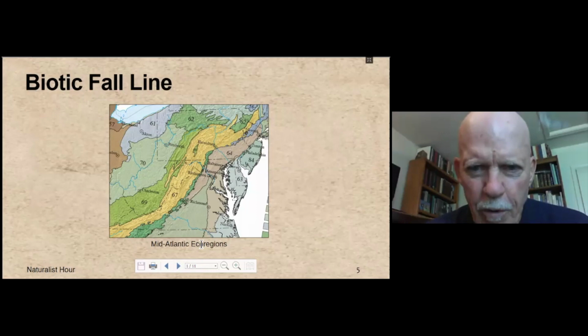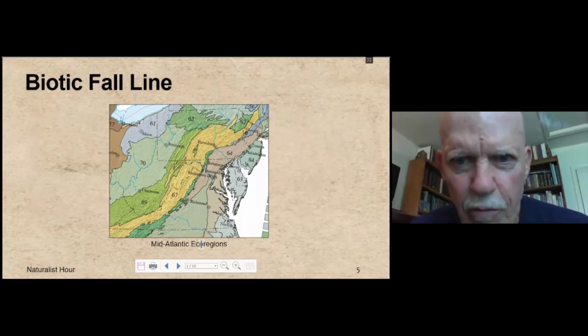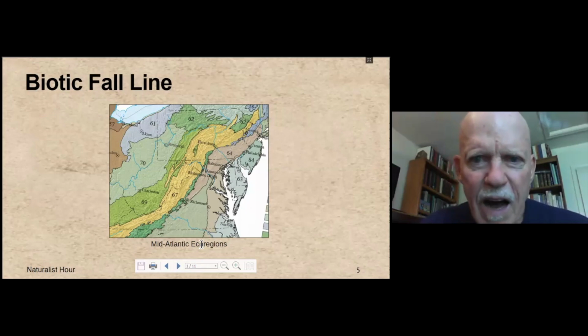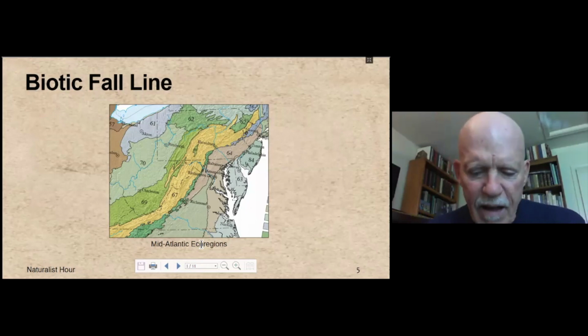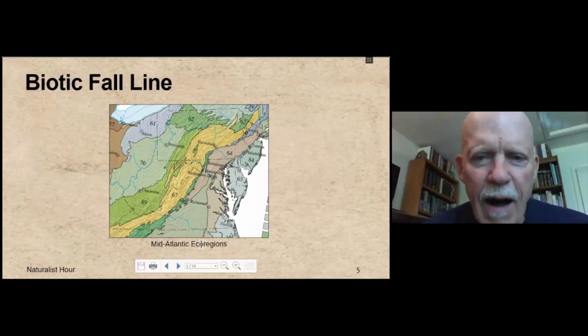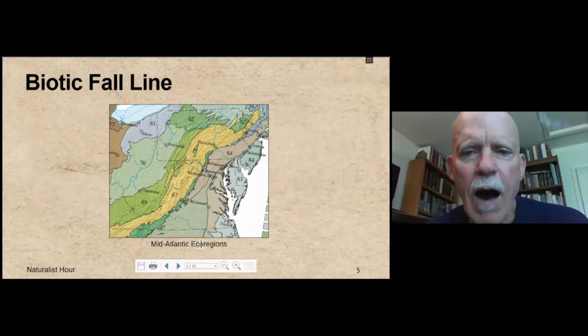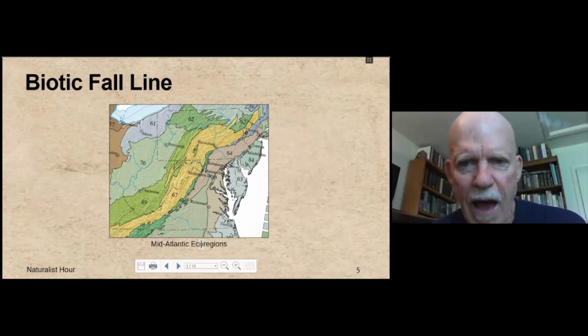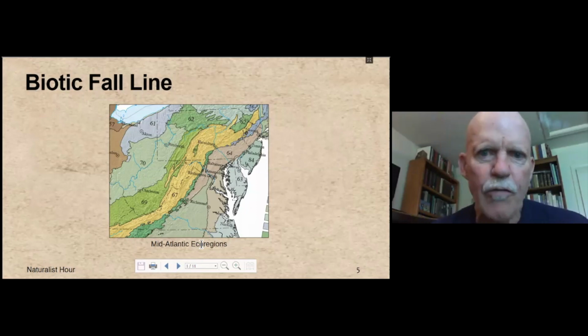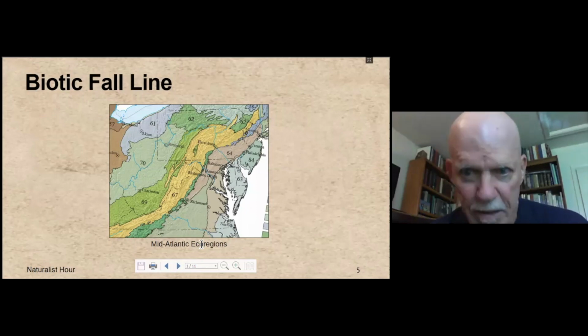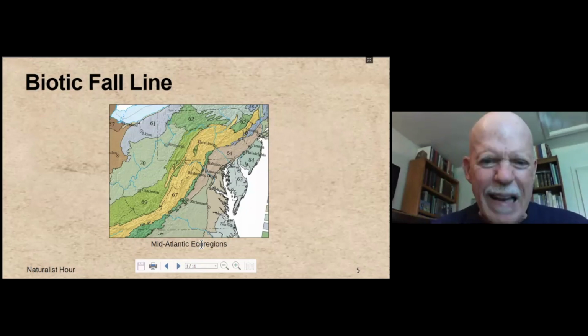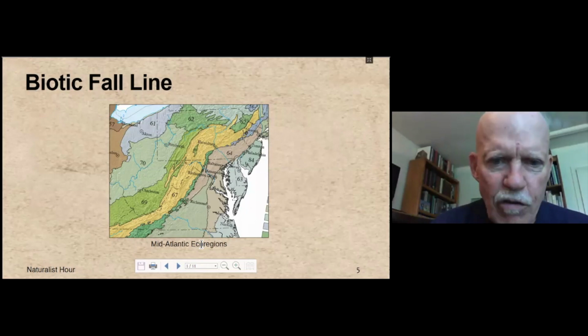And without getting too much into what the 63, 64, et cetera stand for, it's pretty obvious that at some high level, the prevailing vegetation to the east and south of that line is different from that farther inland. So even biologically, you can trace out a fall line.